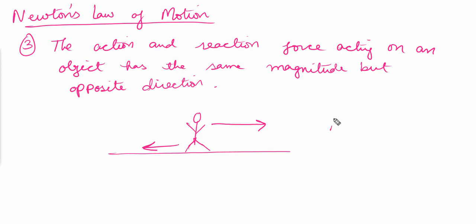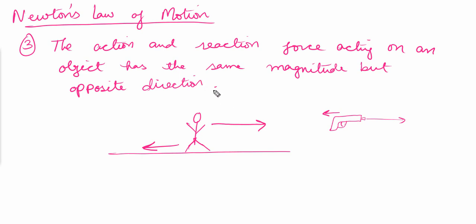For example, in case of a gun, let's suppose we fire a bullet from a gun, the bullet will move in the forward direction, so that will be the action force that is being exerted onto the bullet. As a result of that, the gun will move in the backward direction, so we will feel a jerk while firing a bullet. So these are the two examples for Newton's third law.